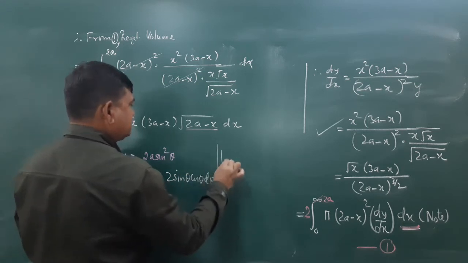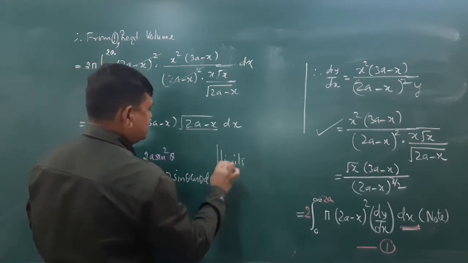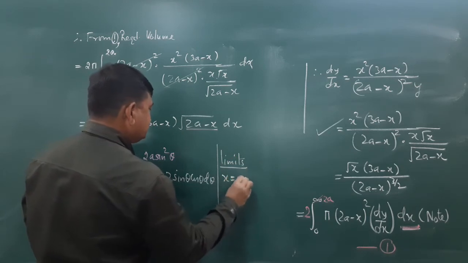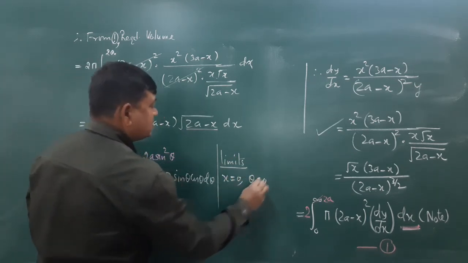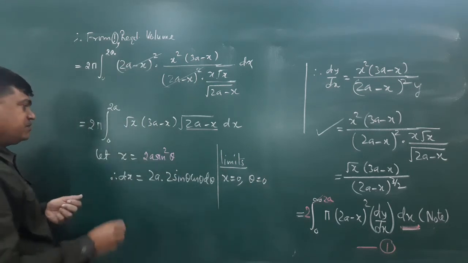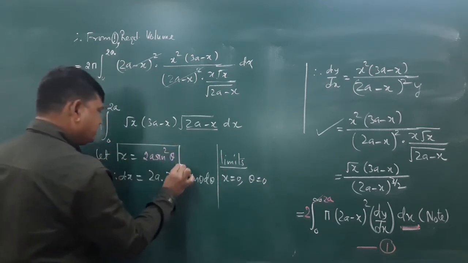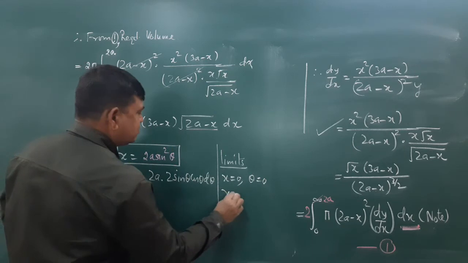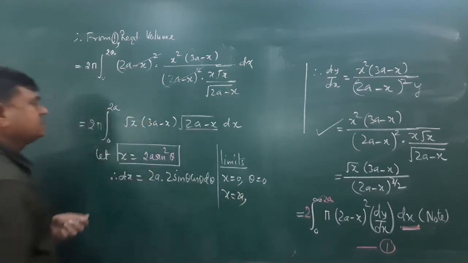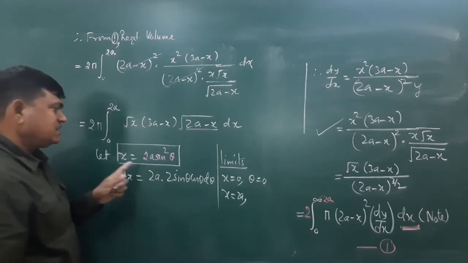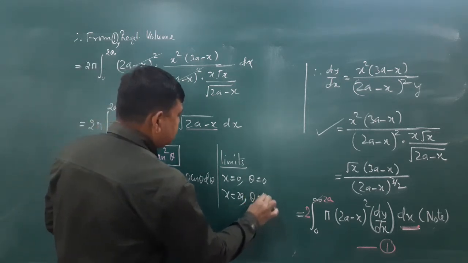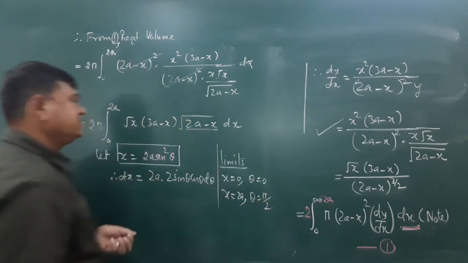We use the limits. When x is 0, then theta is 0. Changing the limits is very important. When x is 2a, then 2 and 2 cancel out, it is 1. Sine is 1 when theta is pi by 2. So theta is pi by 2.